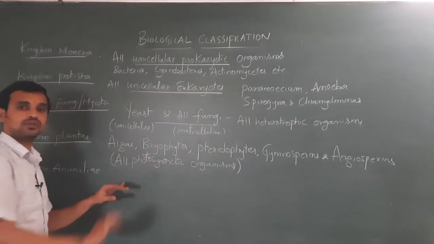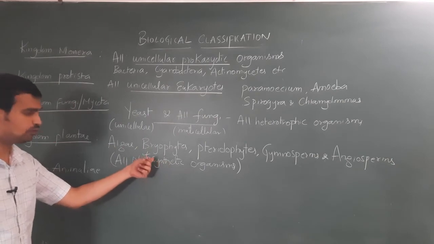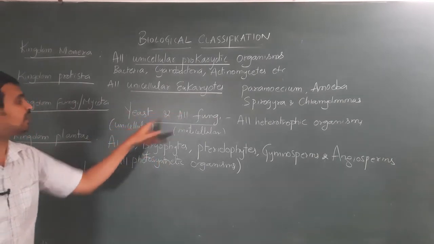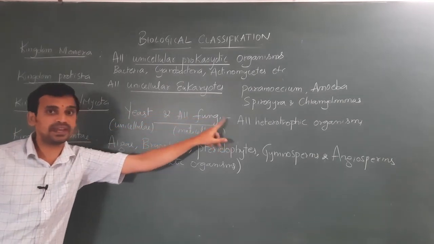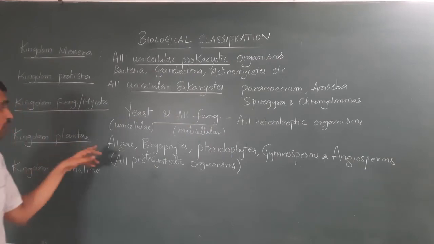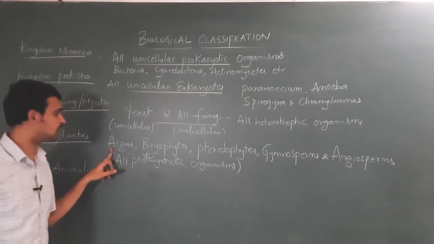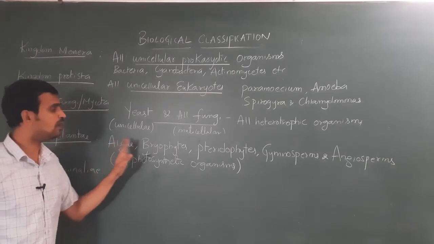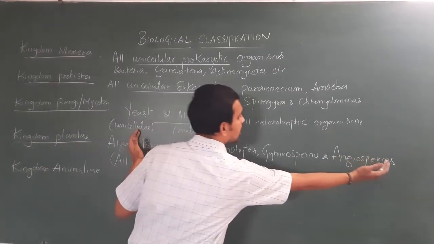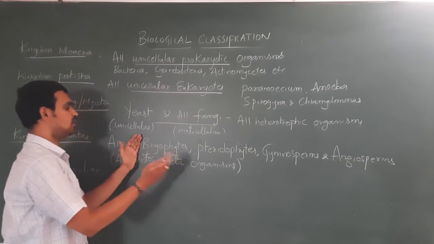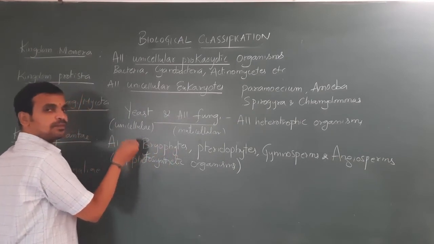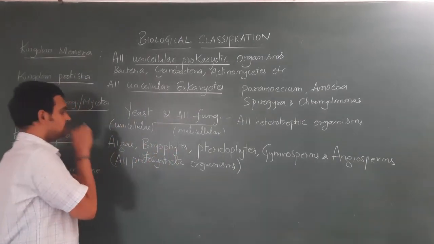These are all photosynthetic, which means they can prepare their own food material, whereas yeast and all fungi are heterotrophic. They cannot prepare their own food material. Some of the algae are unicellular and the remaining are multicellular. From bryophytes to angiosperms, all are multicellular.